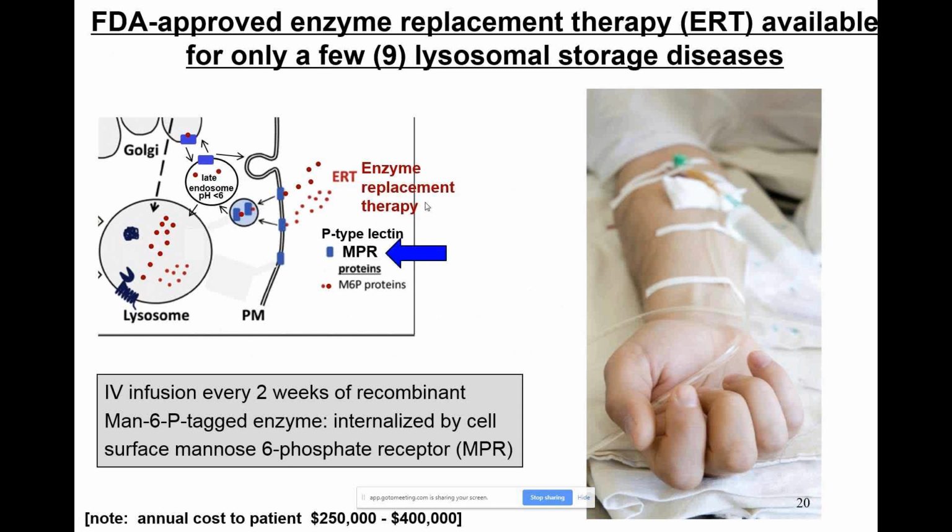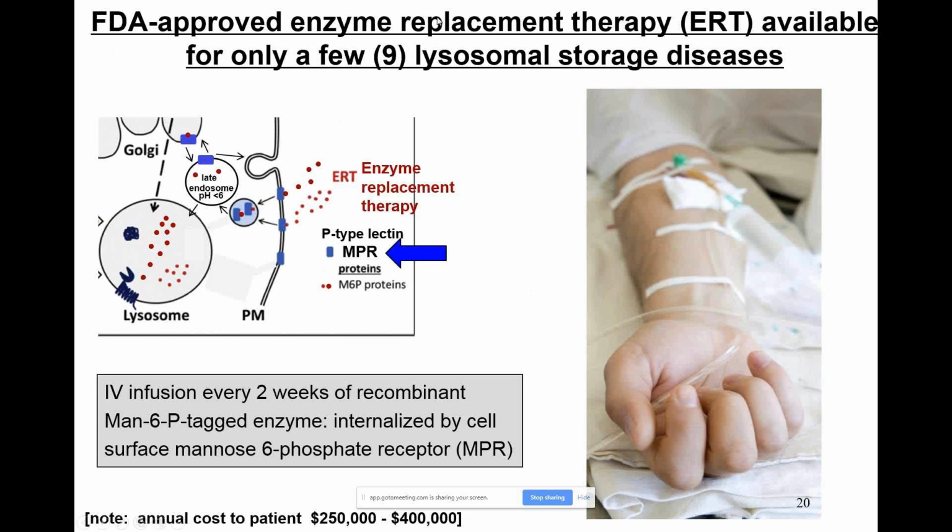There are only FDA-approved treatments for a total of 11 of those lysosomal storage diseases. And of them, enzyme replacement therapy is by far the mainstay of treatment, but it treats only 9 of them. Okay, so we have a long way to go to treat these patients.